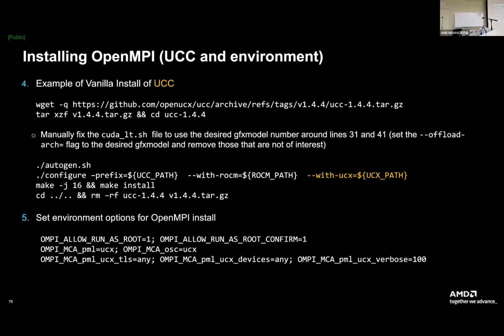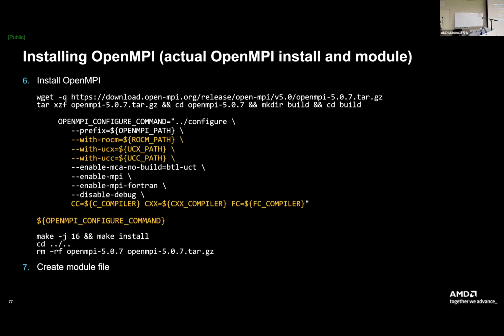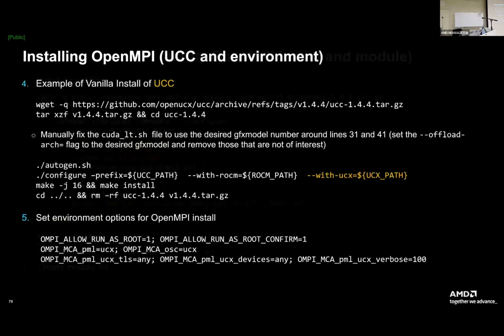And then we do UCC. So again, you need to pass where UCX is. Let's drop back on that one. We had an issue that it was failing for us, and Giacomo found a workaround: modify this CUDA LT file to get the right GFX model.